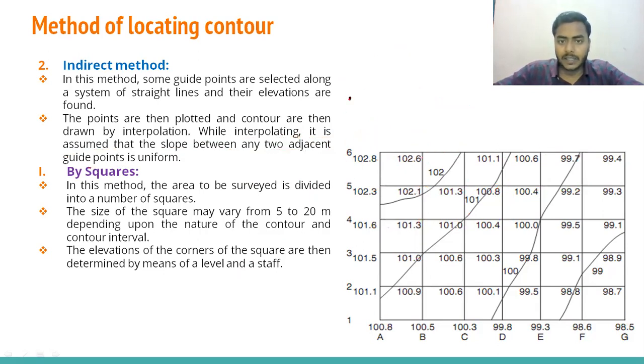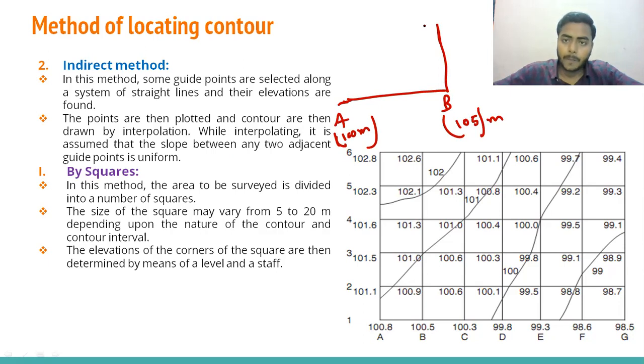What is the basic meaning of interpolation? See, like A and B. A has an elevation of 100 meter, B has an elevation of 105 meter, for example. So this height will be 5 meter.